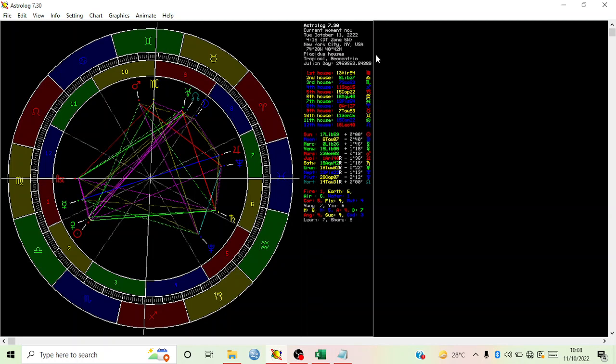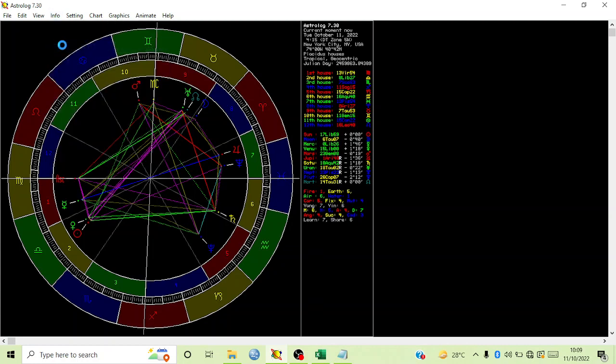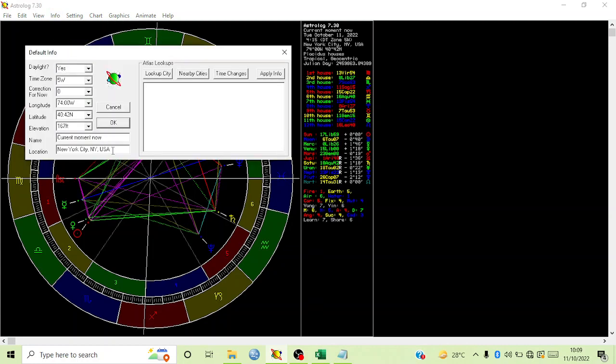What I forgot to emphasize in the video, while we're looking at how to set up Astrolog and how to use it, is that every time we open Astrolog and need to use it, we can always go back to the default settings under info, then default settings, and simply click on location and then click look up, right?